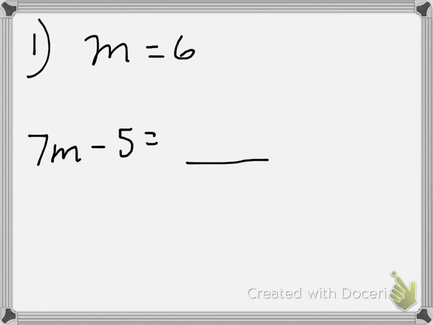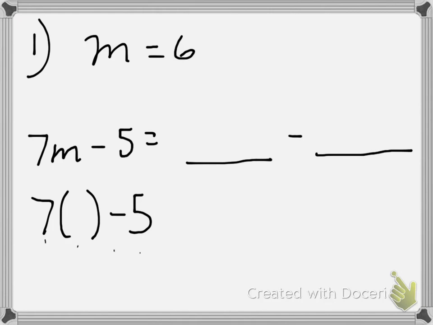For number 1, it says if m equals 6, then 7m minus 5 equals blank minus blank. So when we have a variable, we can replace that variable with parentheses. So 7m minus 5 becomes 7 parentheses minus 5. The 7, the minus, and the 5 all come down.